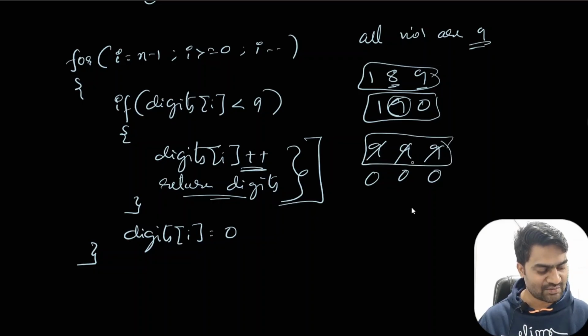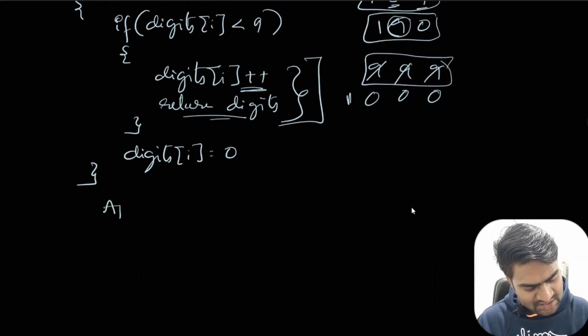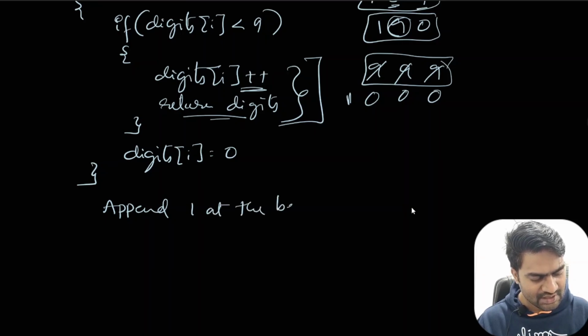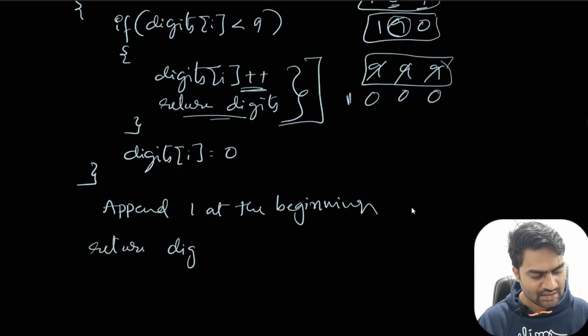If that is the case, all the numbers are 9s. So what we need to do at the end is append 1 at the beginning, then return our digits. Okay, so this is pretty much cleaner.